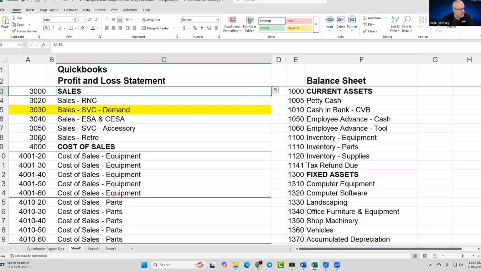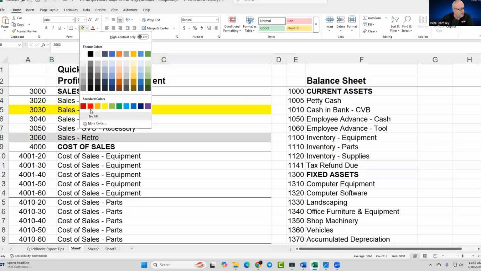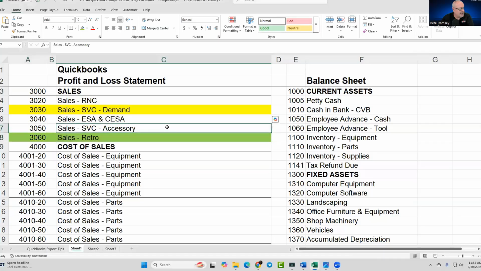If it was a retrofit, a change out, maybe that would go into this category. Now they're still all part of sales, but you can actually run a report for your service calls, for your new construction, for your maintenance agreements, for accessory sales, and know how much money you made.